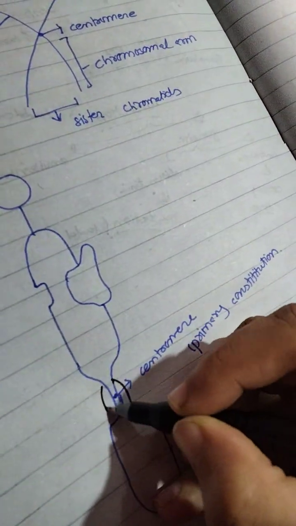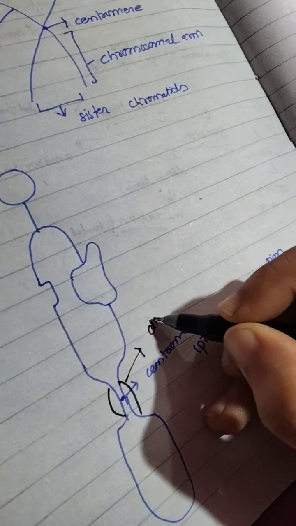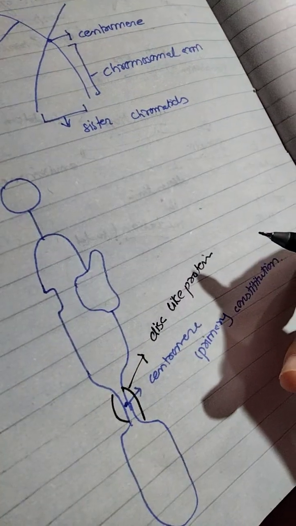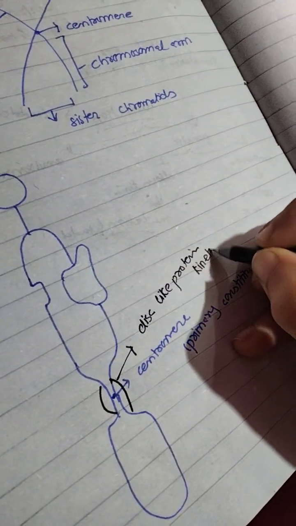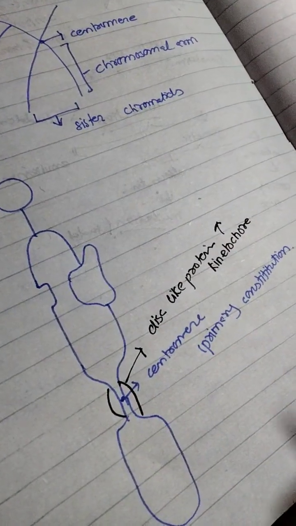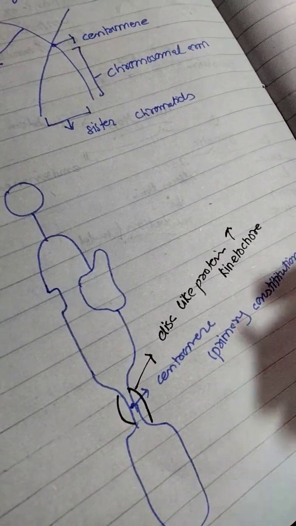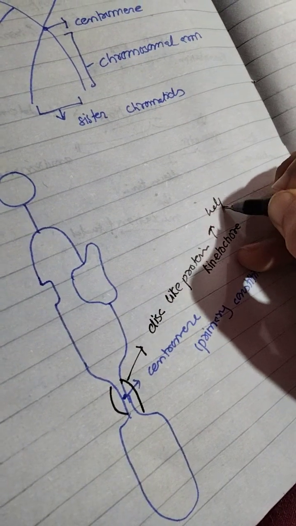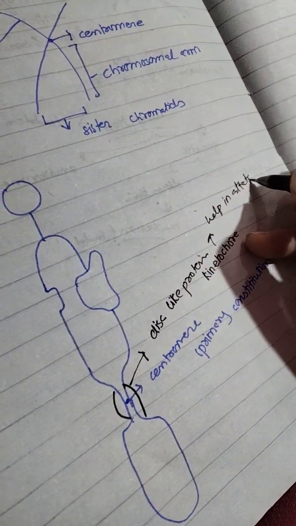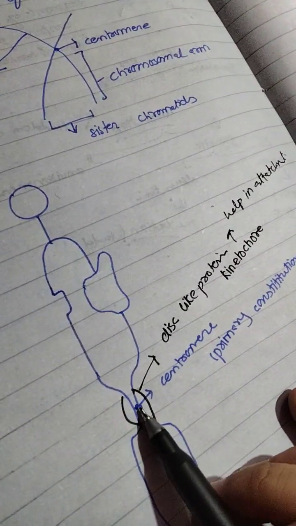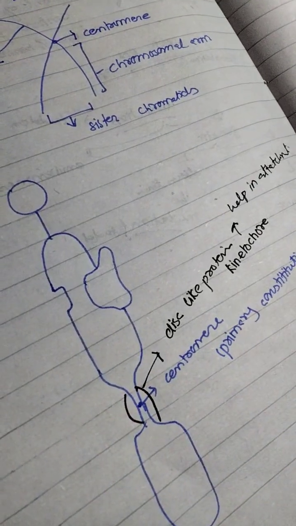And basically above this there are some disc-like proteins known as kinetochore, which basically help these chromosomes to attach with spindle fibers. These kinetochore proteins are located above this primary constriction, right?